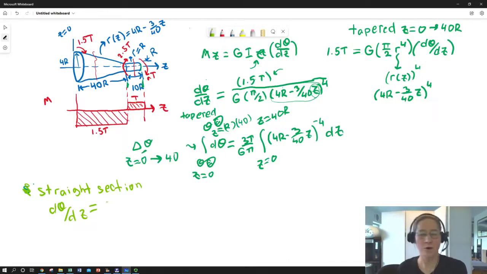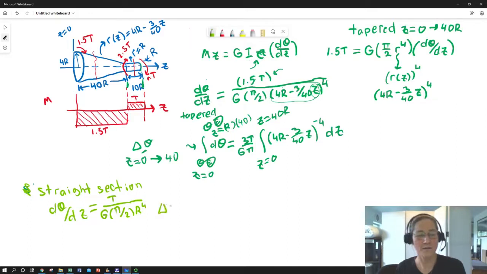Let's say internal moment. We don't really care what the applied torque was. We took care of that up here in this red diagram. Now we care about the internal moment, which is in this case 1t. We're assuming we haven't changed materials. We still have a circular cross section, so we have pi over 2. But this time we have a constant radius. So our moment of inertia expression is just going to have the radius for that section raised to the 4th power. And this is all a constant.